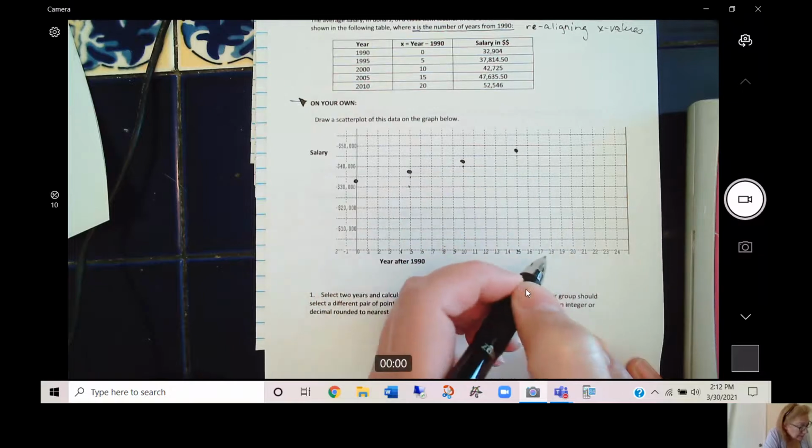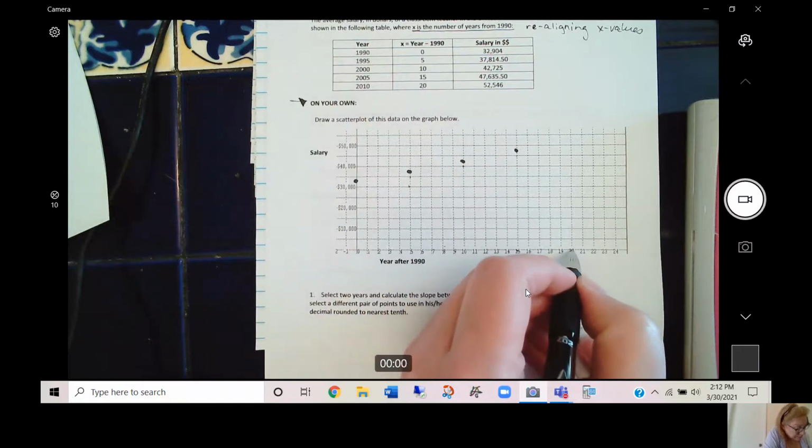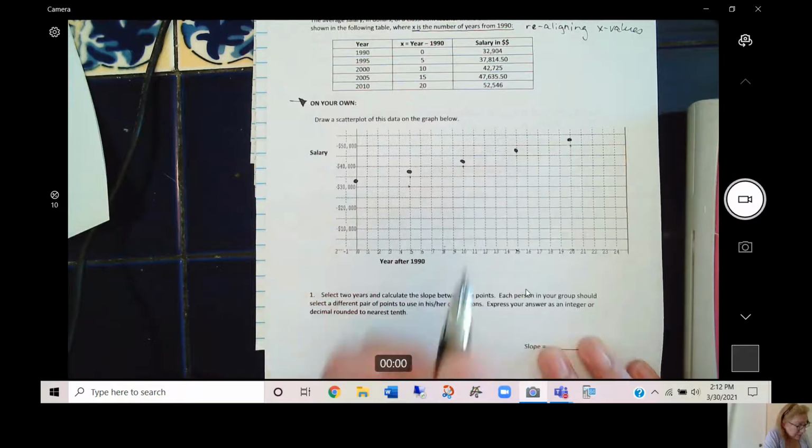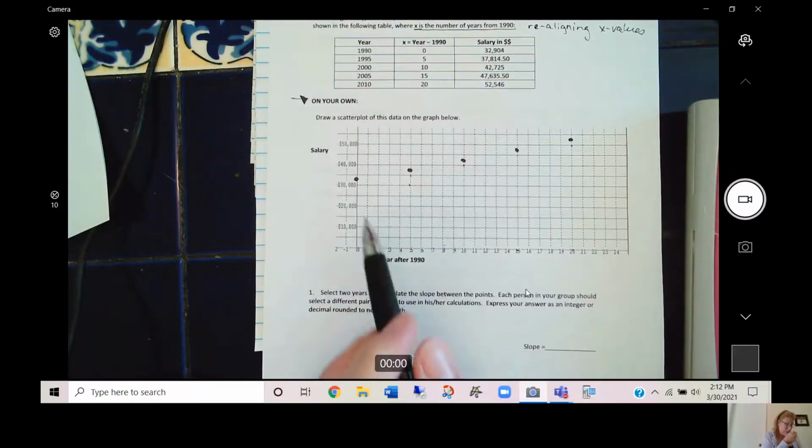And then 2010, which would be 20 years later, would be 52.5, about there. And just like they said, it does look pretty linear. You have pretty much a straight line up there.